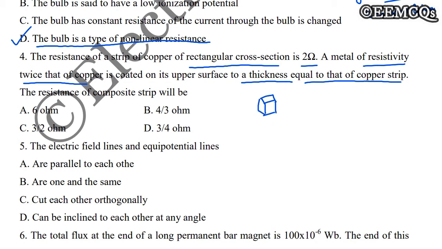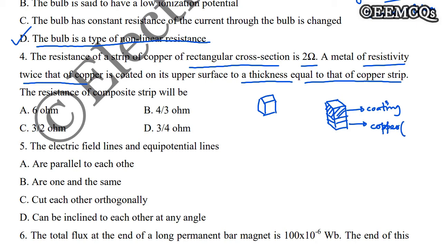Now we are giving a coating of another material, so it will look like this. This is the coating and this is the initial copper rectangular section.